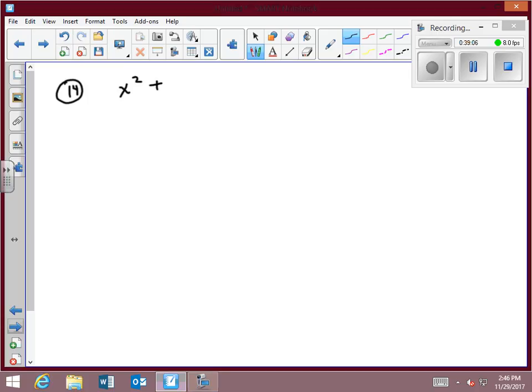Here's x squared plus 10x plus 25. 0 by itself. Descending order. Leading term positive. Common factor. No. Okay, it's a special case trinomial, isn't it? You recognize what? The 25 is a 5 squared, right?